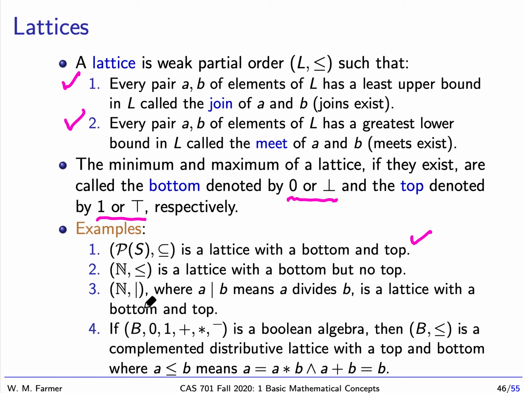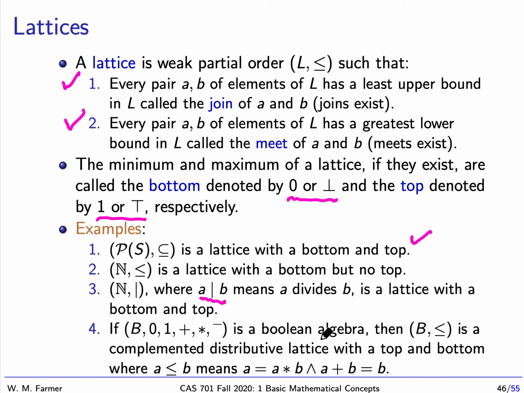If we take the mathematical structure of the natural numbers with the divides relation, so we say A divides B, that just means what you normally would mean by A divides B. This is a lattice with a bottom and a top.